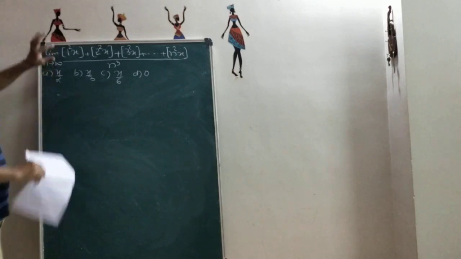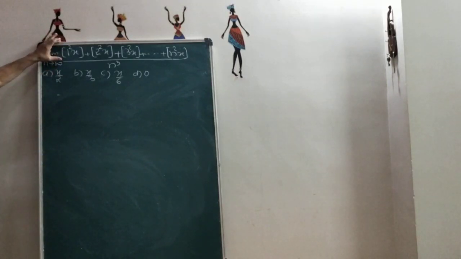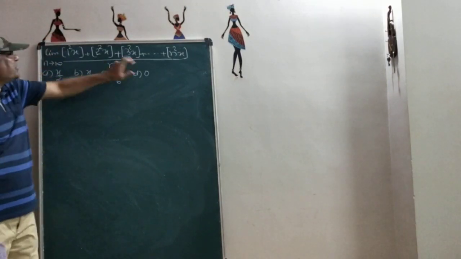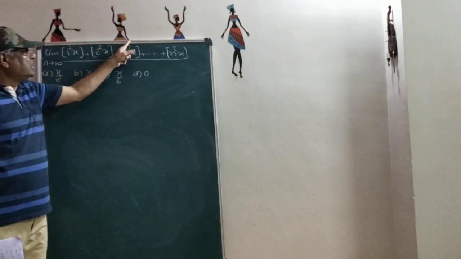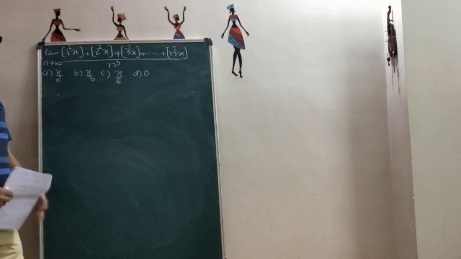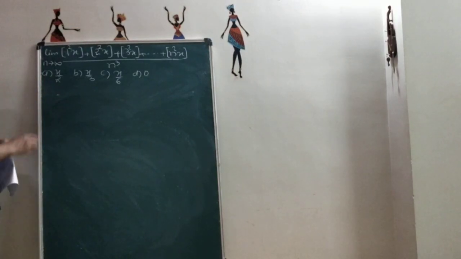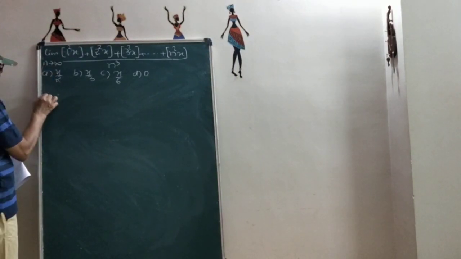And what is this expression here? It is the greatest integer. Student, just observe the terms here: 1 square into x, 2 square into x, 3 square into x, and so on plus n square into x is there. The same one, can you write in this way?